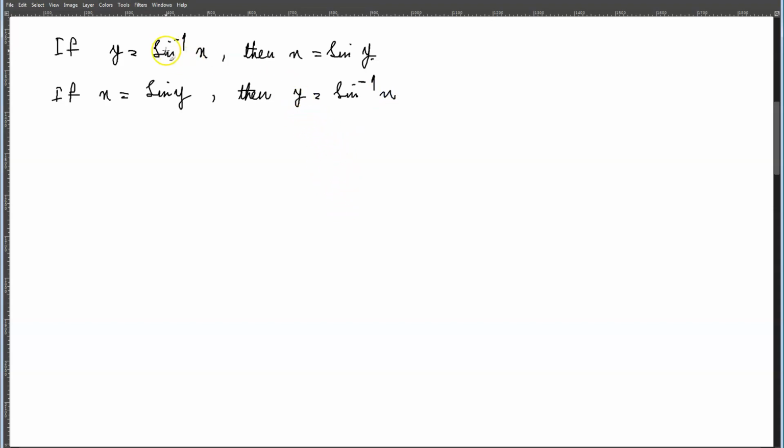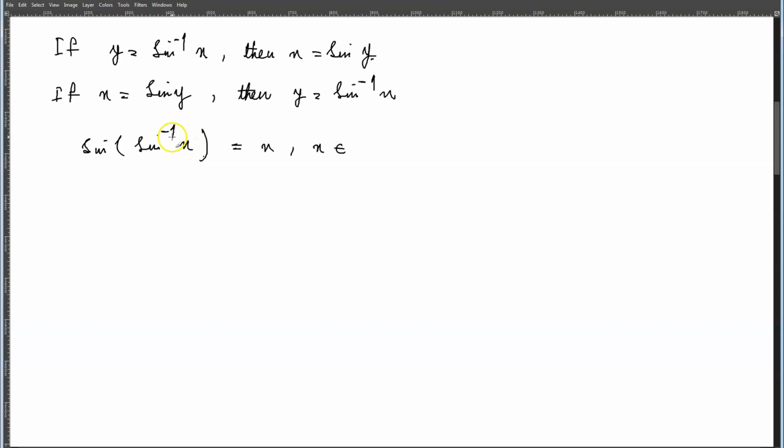So which means that if I write the sine of sine inverse of x, that is equal to x for all x belonging to the domain of the sine inverse function.